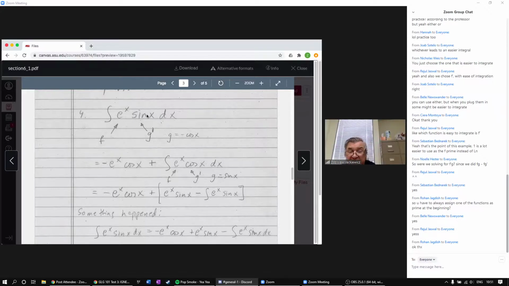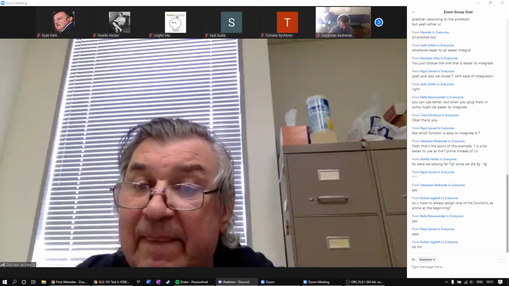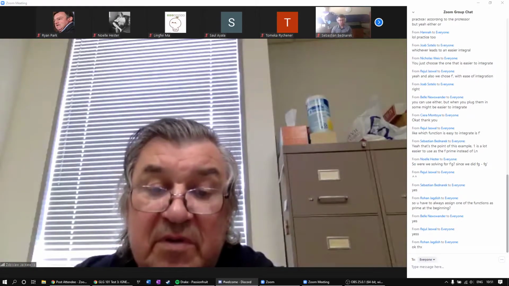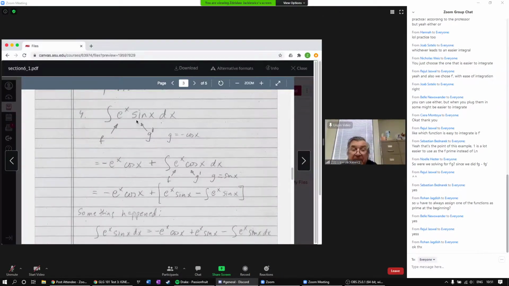Of course, if this is g prime, this means that the original function g is minus cosine. So you see, this is f and this is g prime, so g is minus cosine. So using integration by parts, we have fg.